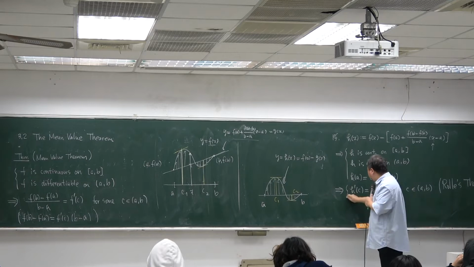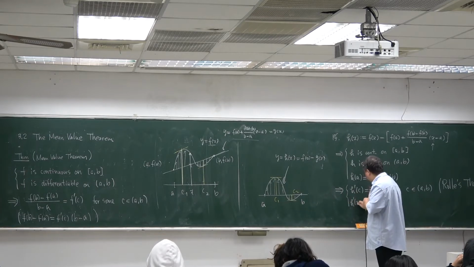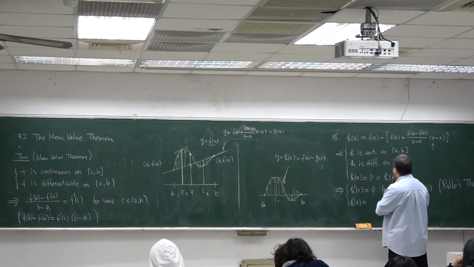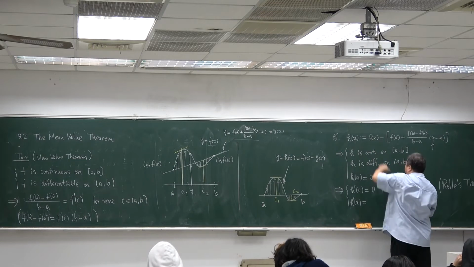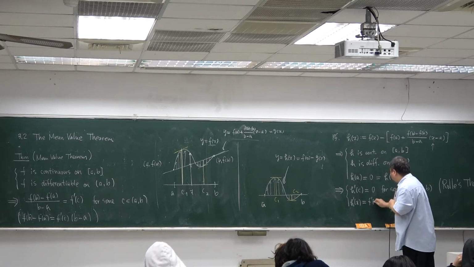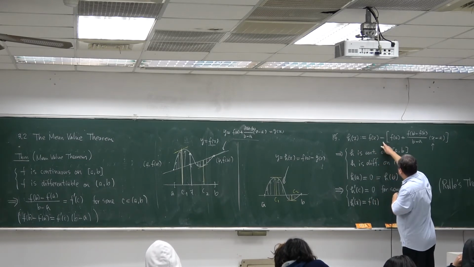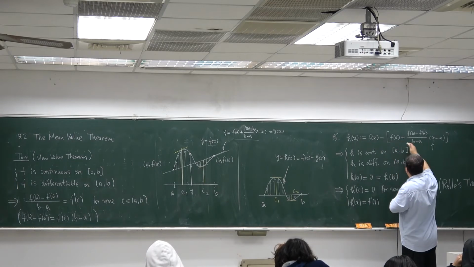Okay, h prime of x equals f prime of x minus a constant.